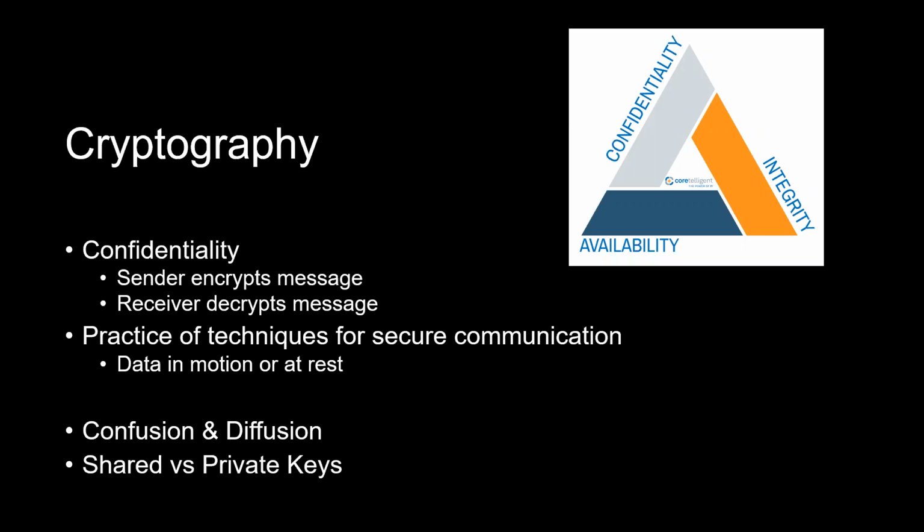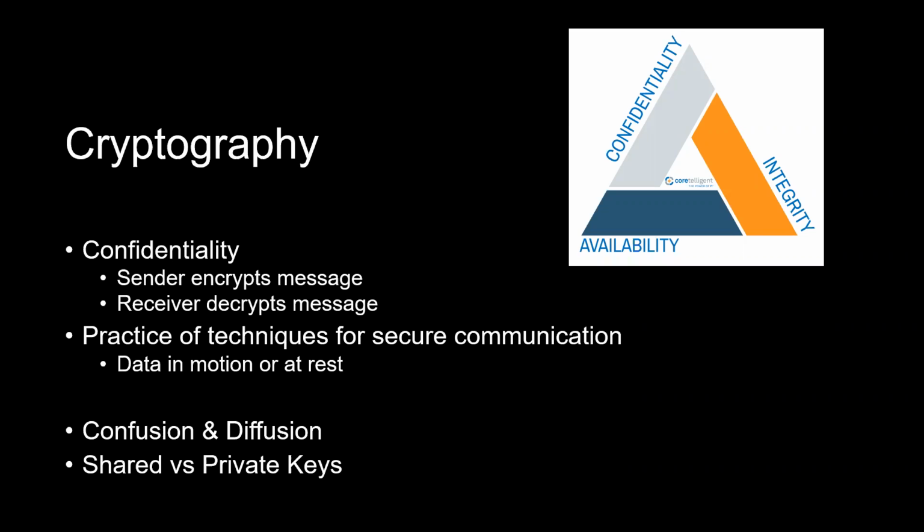With that, we use a combination of confusion and diffusion. We'll go over that in a little bit, and we'll briefly cover shared and private keys. We'll wait on going into more detail on private keys for our following lecture next week.